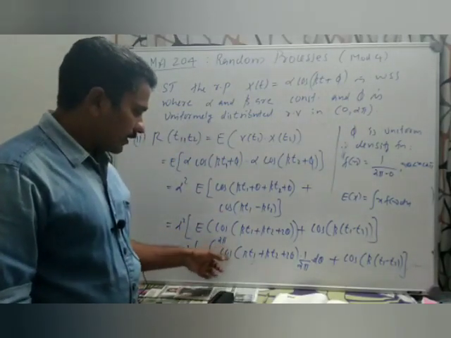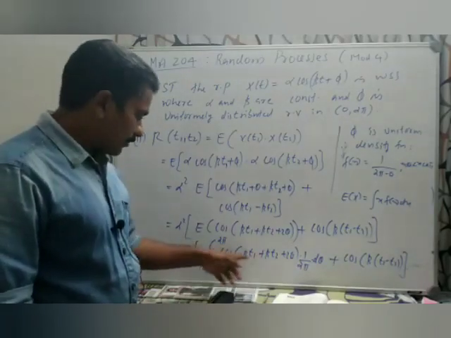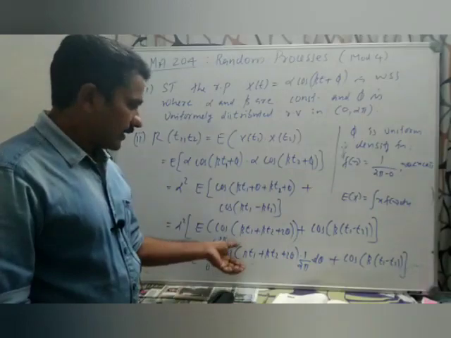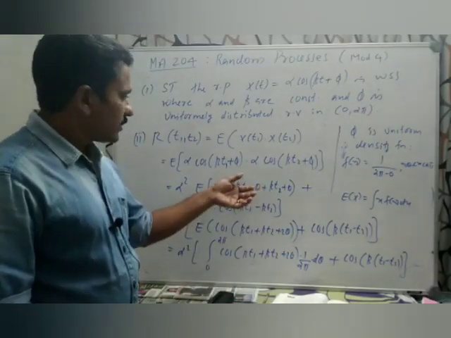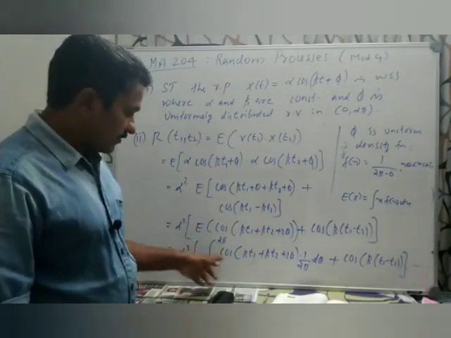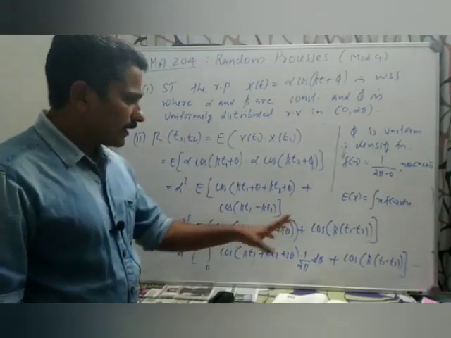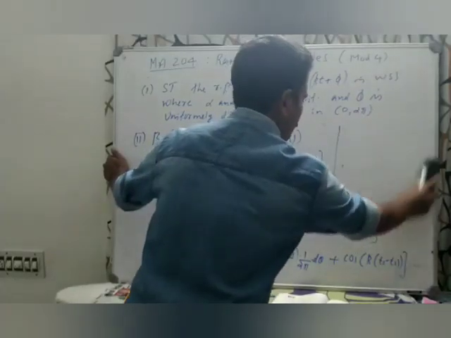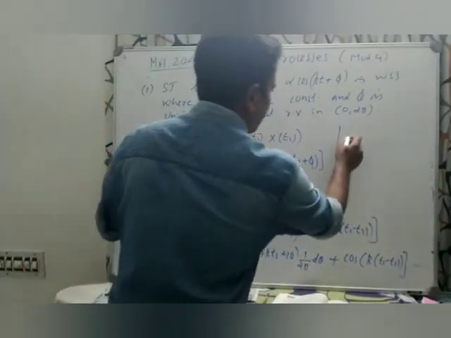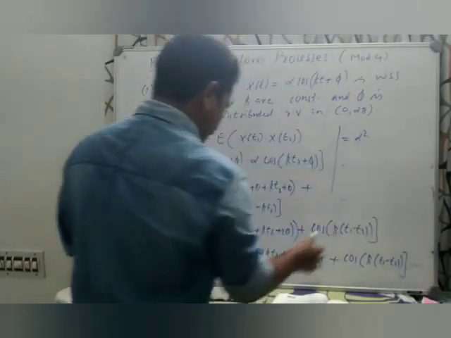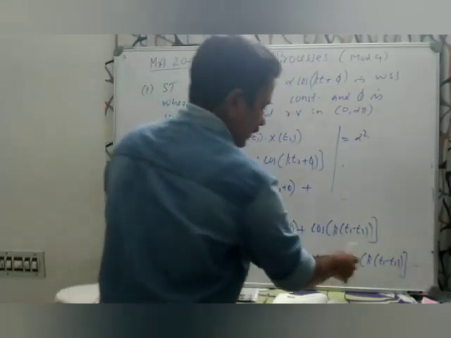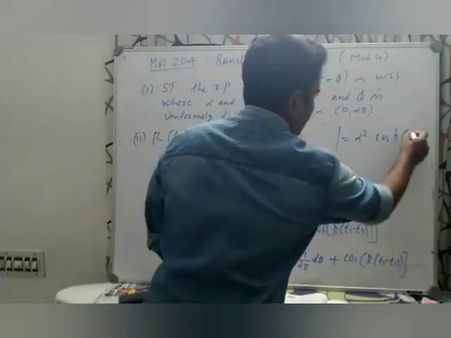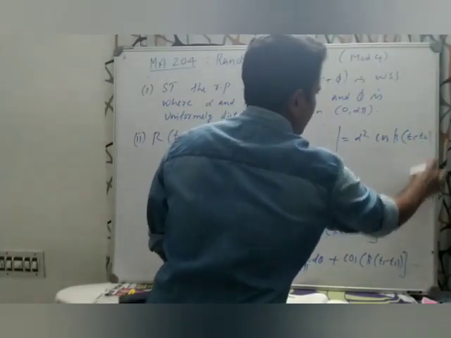It's cosine, and the integral of cos is sine. Okay, we can apply the limits 2 pi and 0. So this one will be 0, as we have seen in the expectation of x of t. This one will be 0, and the final answer is going to be equal to alpha square times, this one will be 0, and this is cosine of beta times t1 minus t2.